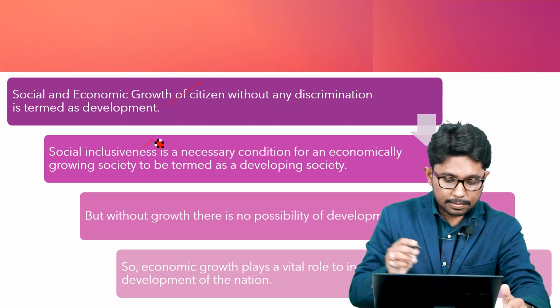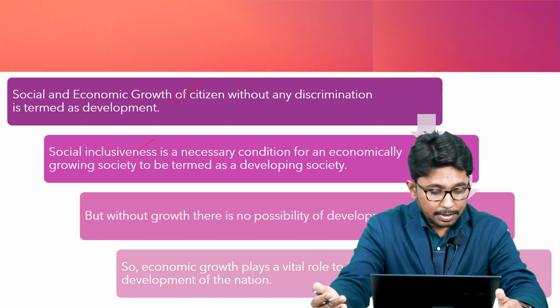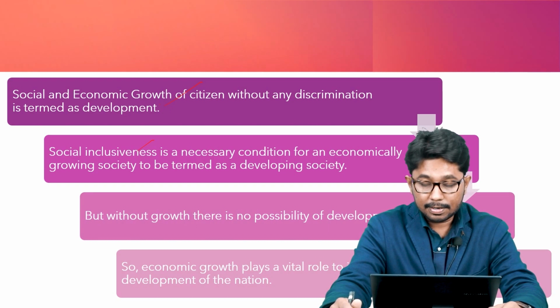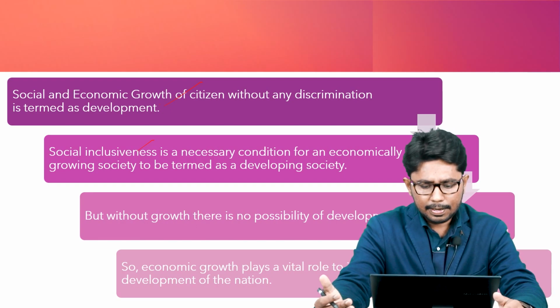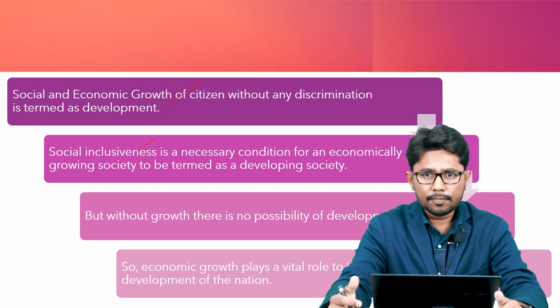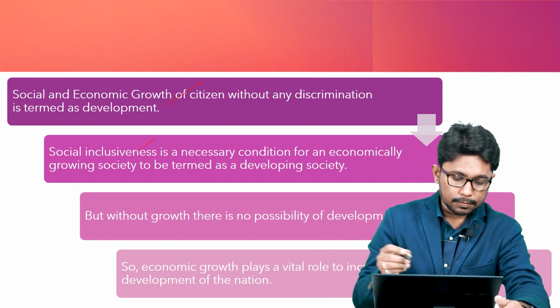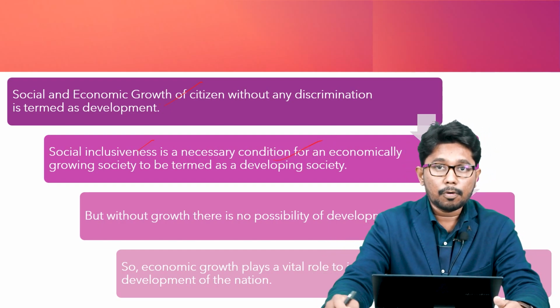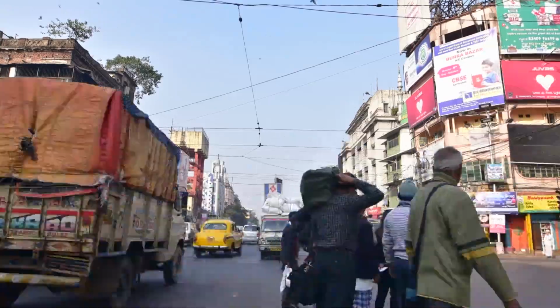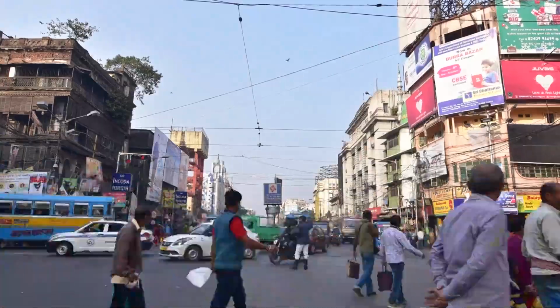Social inclusiveness is a necessary condition for any economically growing society to be termed a developing society. So basically, if a country wants to develop, or is in the phase of developing, it should have this necessary condition of the development process. Like in India, we always concentrate on poor people.